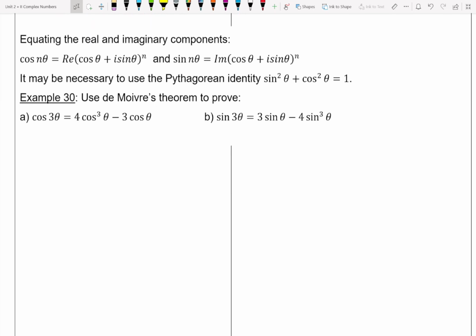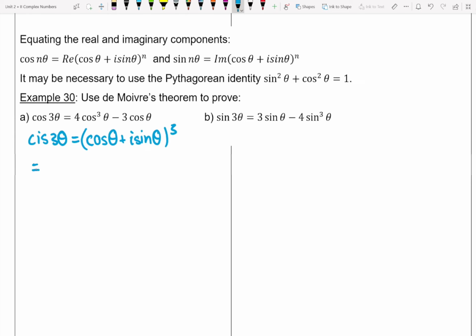And I know it looks like they're two sub-questions, but they're actually going to work hand in hand. So we've got cis 3 theta equals (cosine theta plus i sine theta) cubed, because we've got a 3 here, so we use that as our value of n.